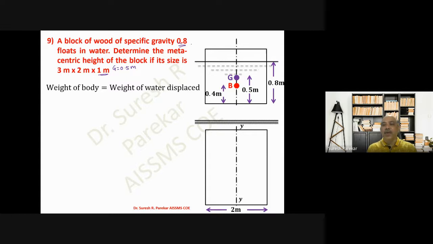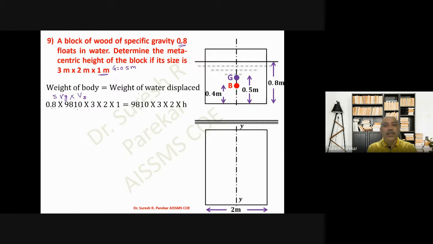Now how it will go 0.8 meter, so that we can see we have weight of body that is equal to weight of water displaced. Now we have weight of body that is 0.8 into 9810. So this is S into gamma into volume of the body, and that will be equal to weight of water displaced.